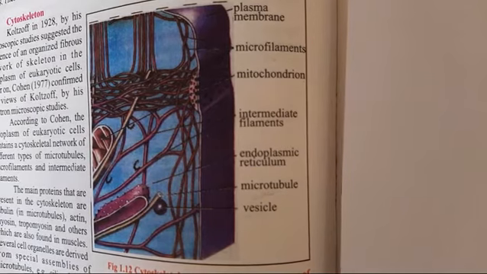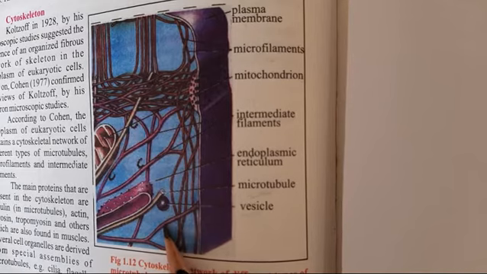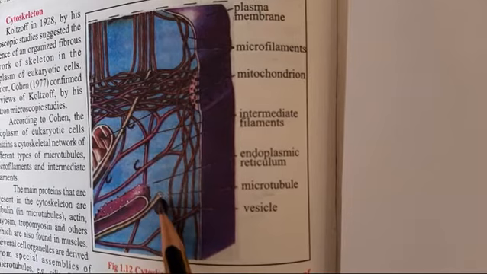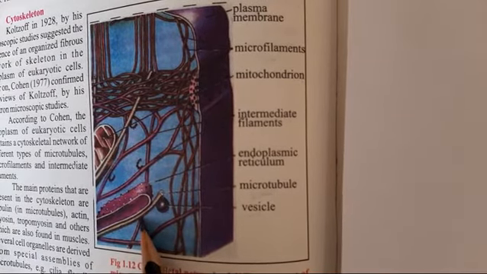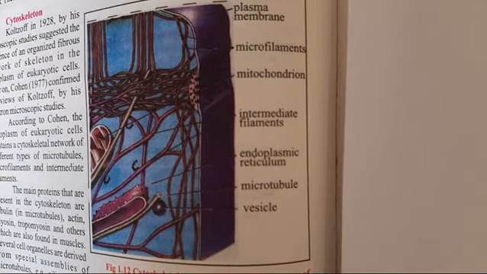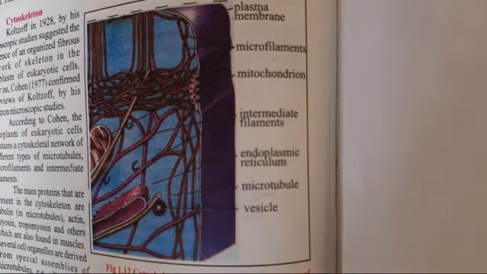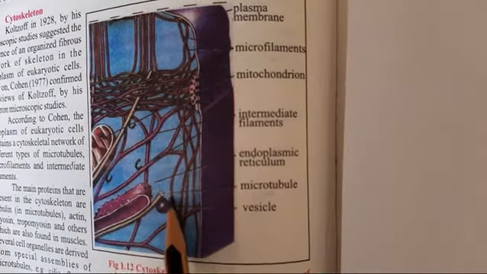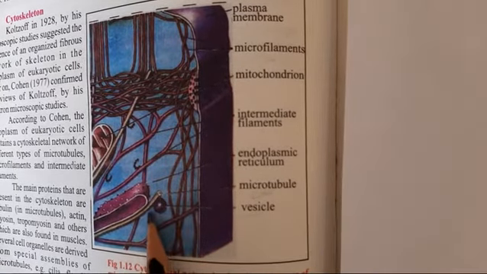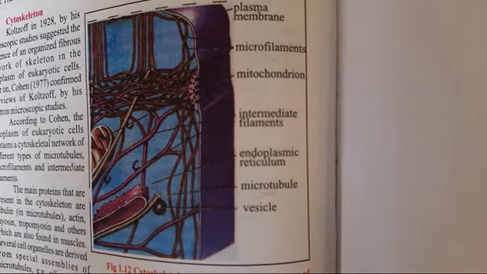That is, secretory vesicles and other organelles can be moved along the outer surfaces of microtubules, forming an intracellular transport system, that is acting as tracks along which vesicles can move, such as Golgi vesicles, to the cell plate during cell wall formation.